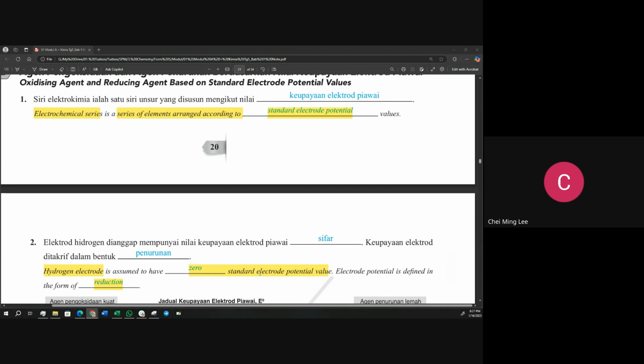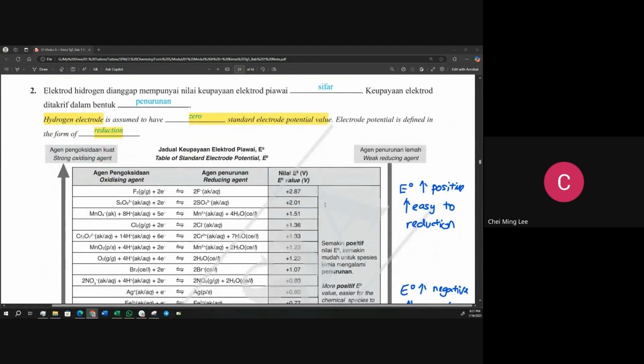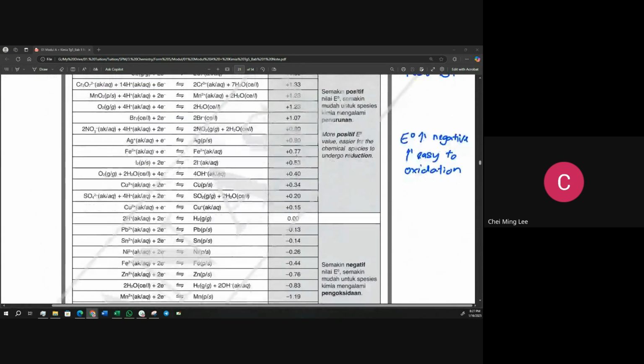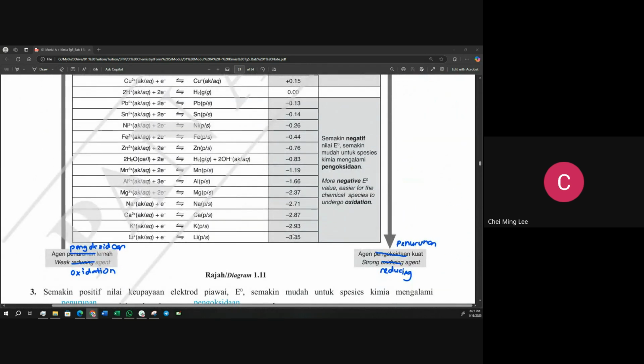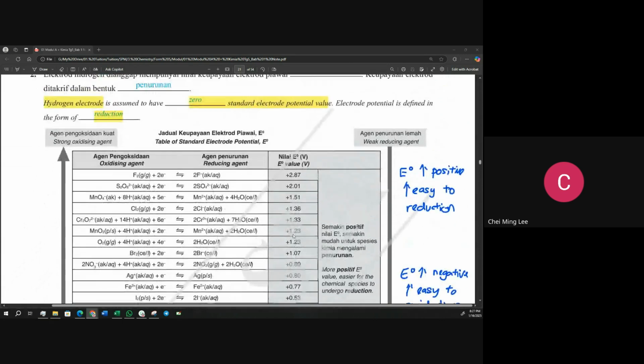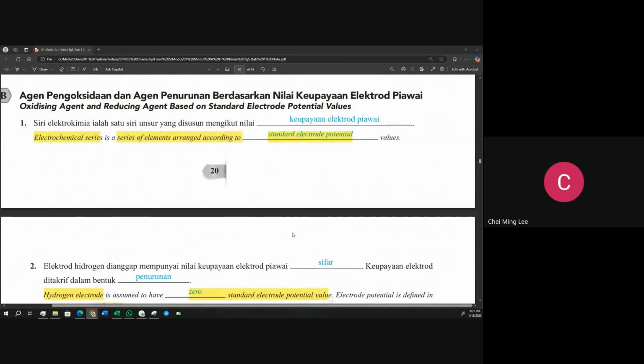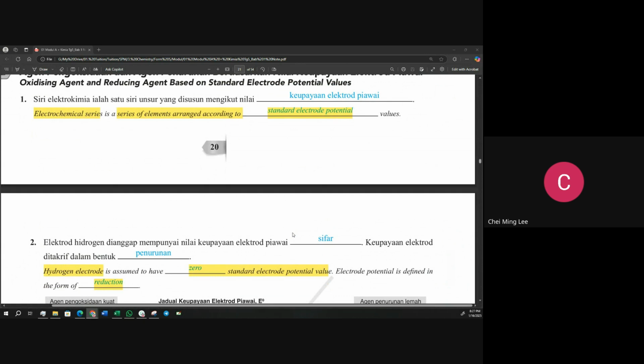That's why hydrogen is 0. The electrode potential is defined in the form of reduction. Reduction means going from positive to negative. The lower the location in the series, the more negative it is, or the lower the value. You jot these two down first.